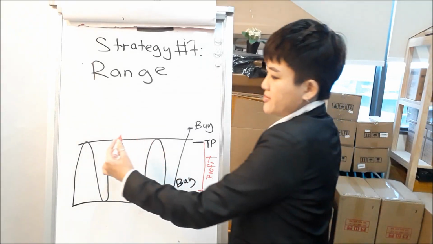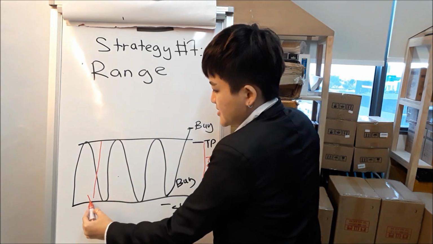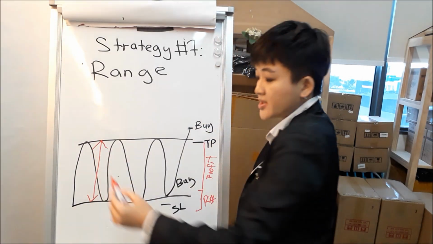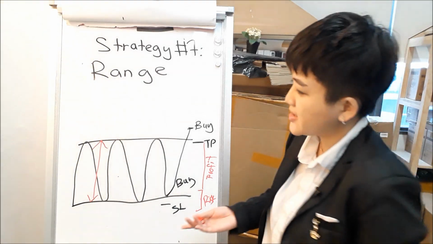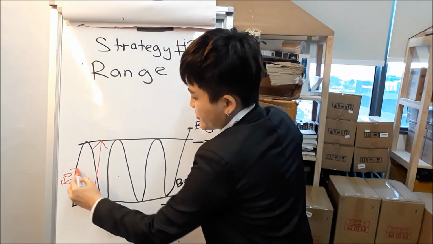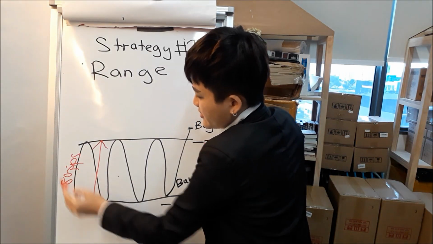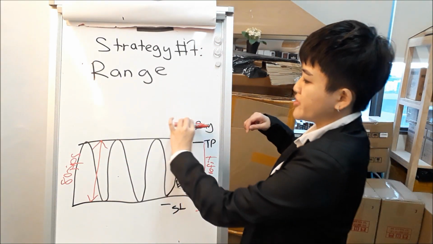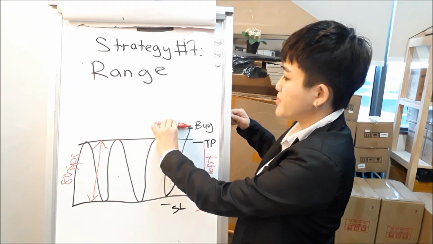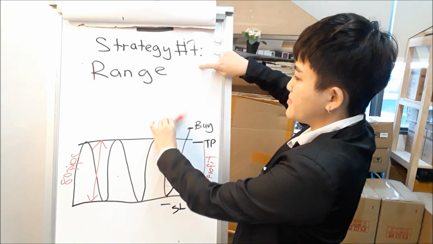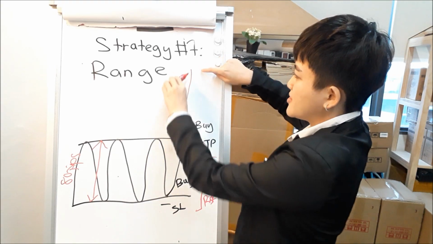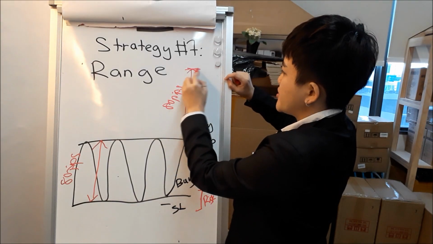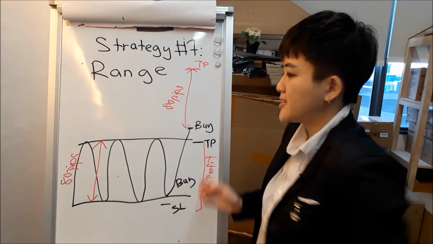What you can do is measure the height of this channel, the average height. Let's say it is 80 pips from the bottom to the top. From your buy entry point, you project up 80 pips. This is where you put your TP target.